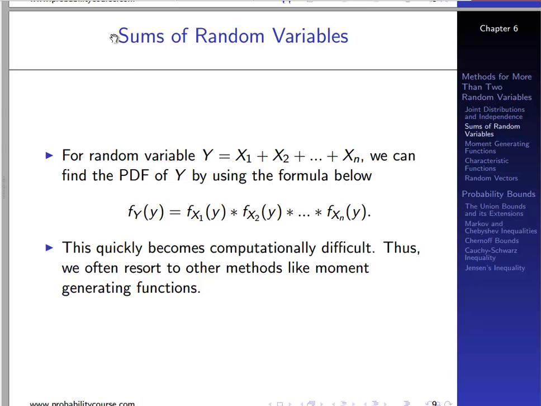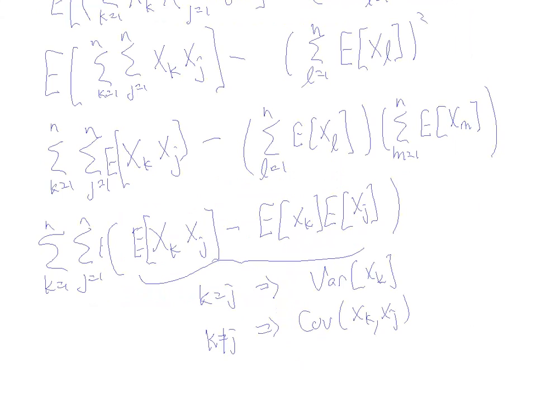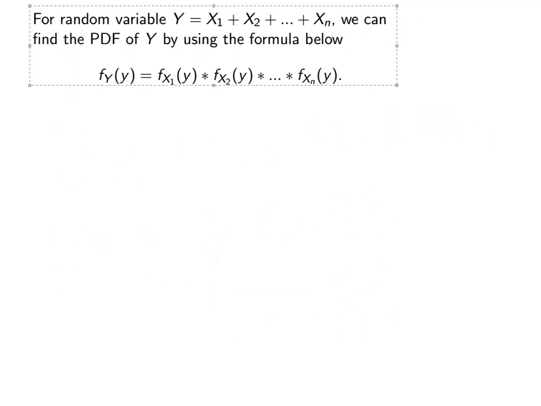Okay, it's not the product, it's the convolution. And I can prove this for 2 random variables. I'll show you on the other sheet. And let's show it for n equal 2.